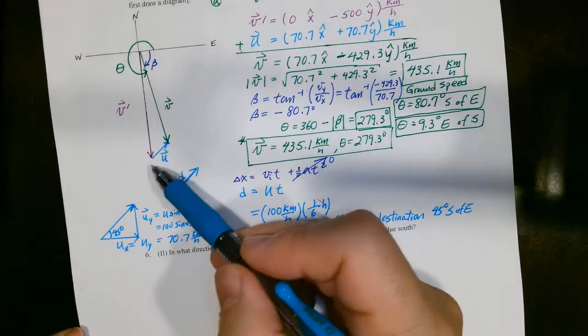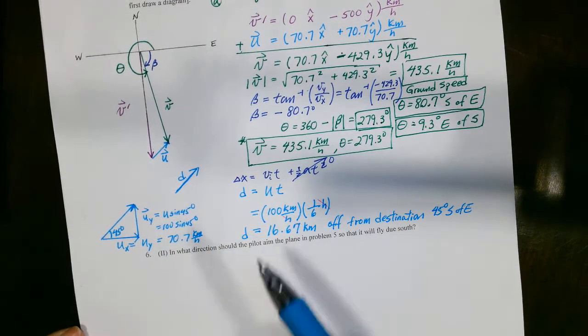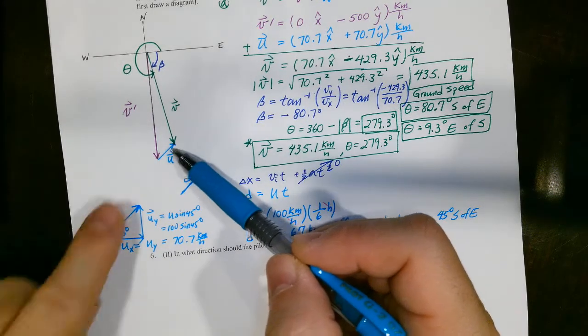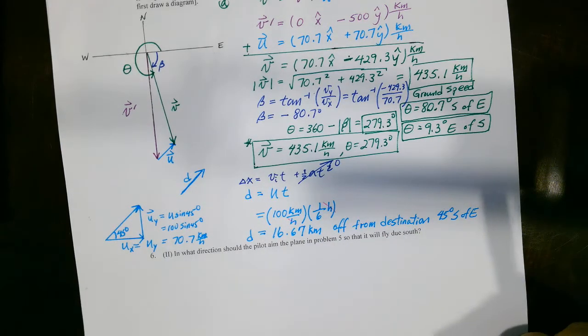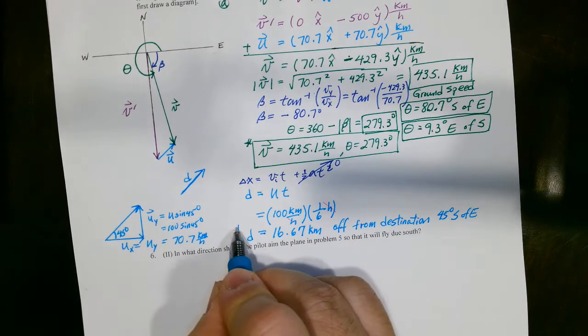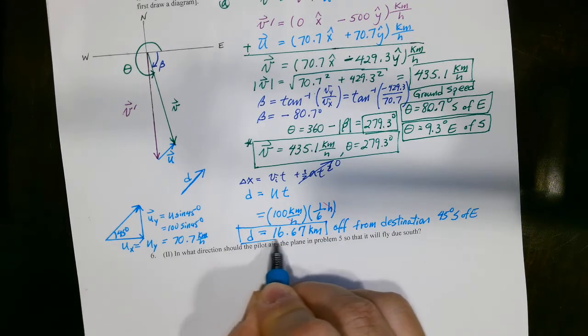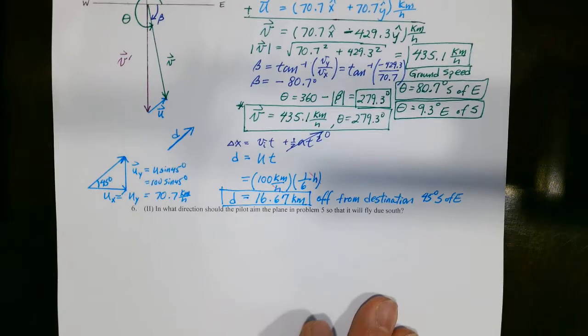So that's more than 10 miles off course, since 16.2 kilometers would be 10 miles. Okay. All right. Any questions?